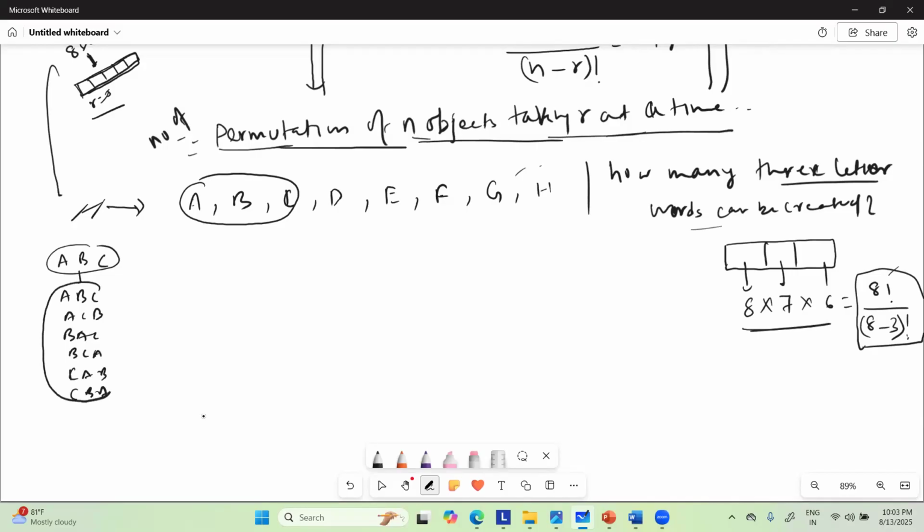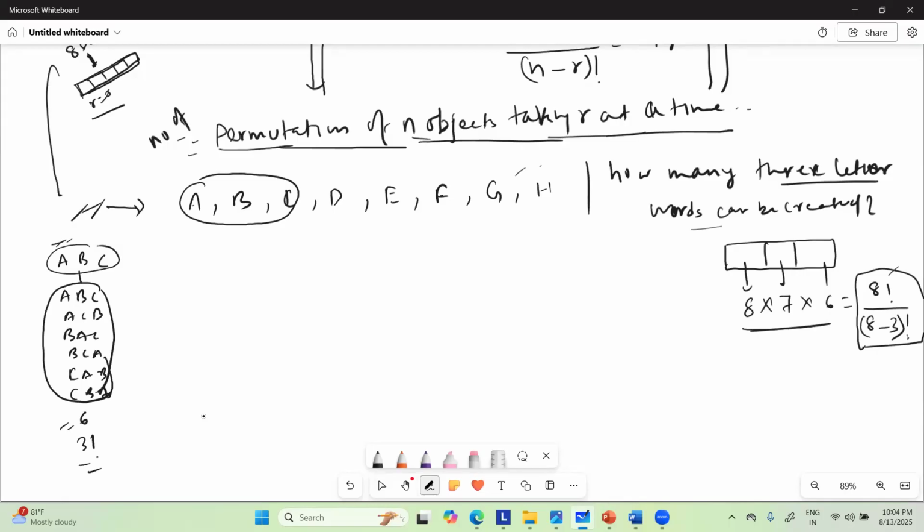So the child calculated that for every 3-letter group, I can make 6 words, which is 3 factorial.